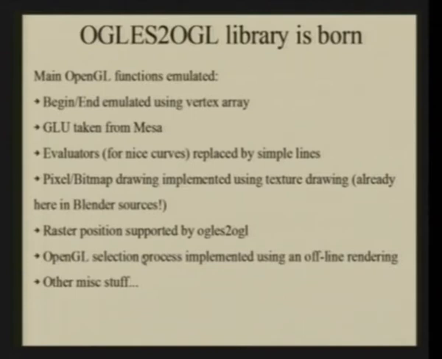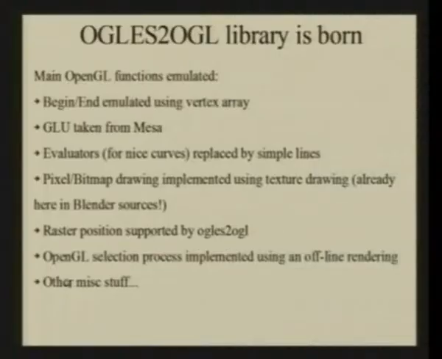In OpenGL ES, you don't have a selection process that is critical for Blender. Each time you make a click, Blender almost every time is running the OpenGL selection process, and that was not here in OpenGL ES, so I had to make it, and other small stuff not so important.